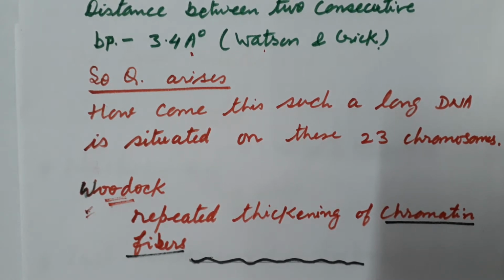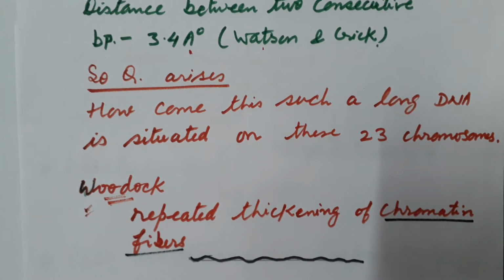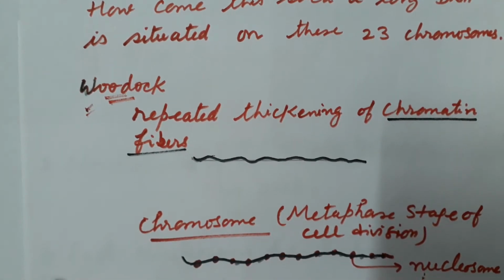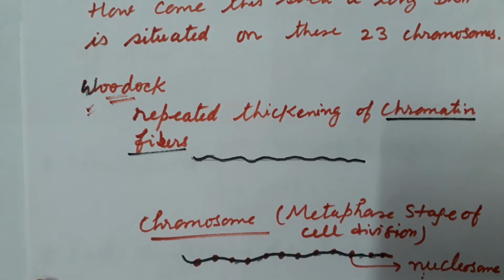When cell division starts, the chromatin fiber starts condensing at the metaphase stage, and at metaphase we can observe the structure of the chromosome. At the time of cell division, chromatin fiber condenses and converts into a chromosome.